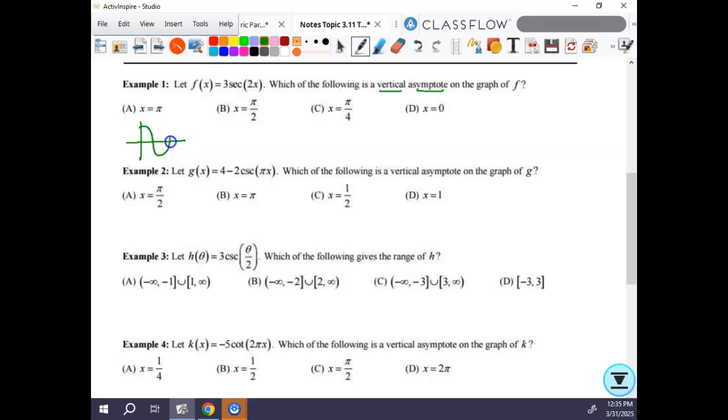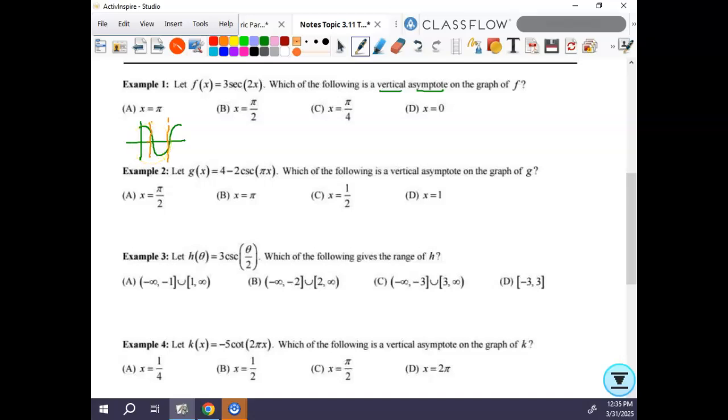So I'm going to draw myself a little cosine parent function. And I know that the vertical asymptotes happen when cosine is 0, so they're going to be right there and right there. Well, I missed, but I need to recalibrate my board. I'm aiming for that. Y'all see where I'm aiming, right? Pretend like I actually hit the right points right there.